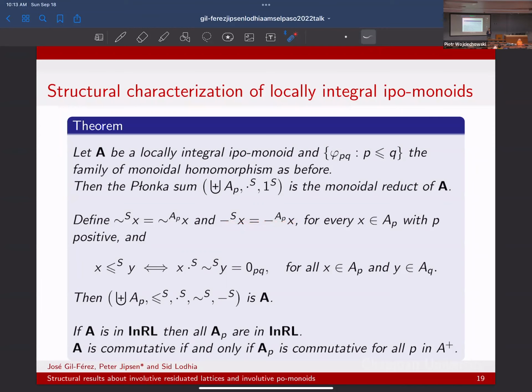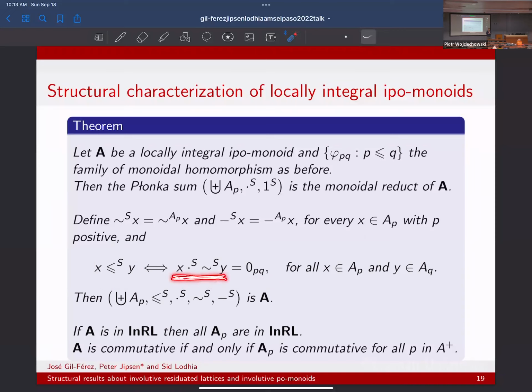But for the multiplication, you need to use this Plonka idea that if you want to multiply two elements from different components, you first have to push them into the same component and multiply them there. But this is possible because our family is compatible. That's what the previous lemma said. And then comes the magic that you define the order on the whole thing by multiplying the way you want.